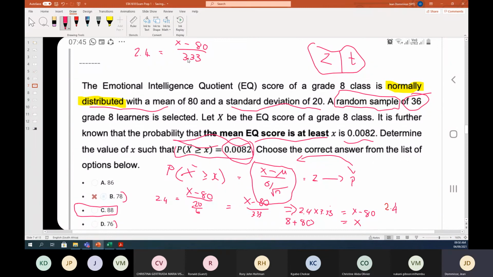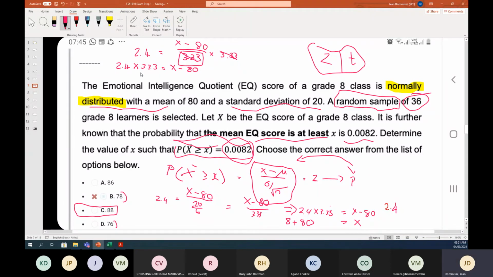So basically what I do is the maths rules that tell me to get rid of that, I multiply both sides with 3.33. So here I would have said 2.4 times 3.33. I would have done it on this side as well, which will make it that those two cancel out so that I only sit with x minus 80.